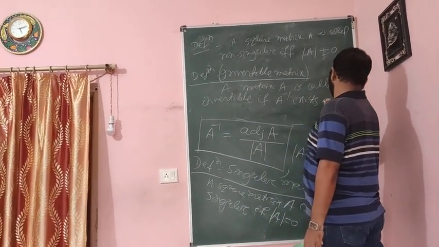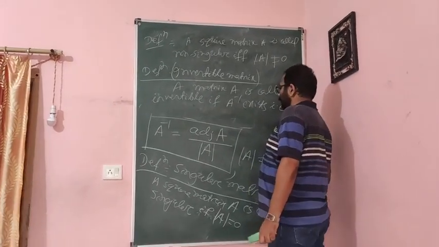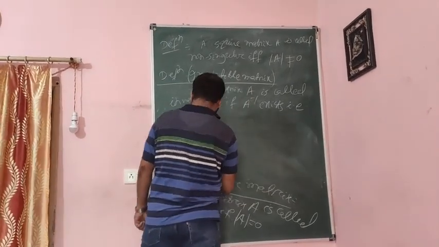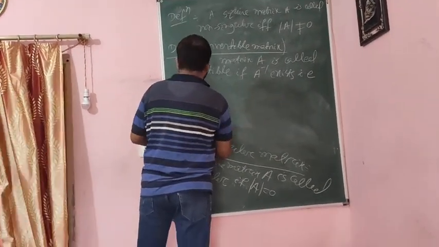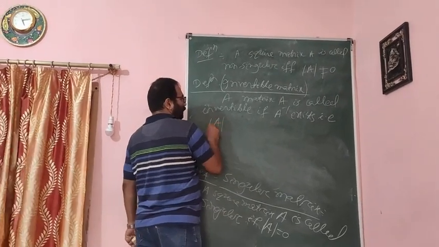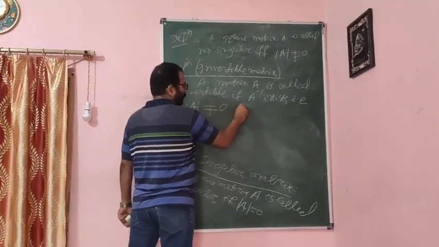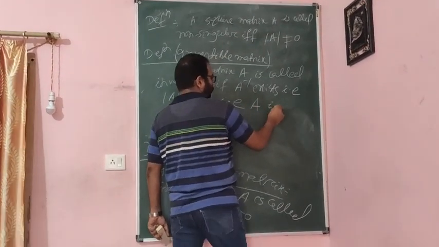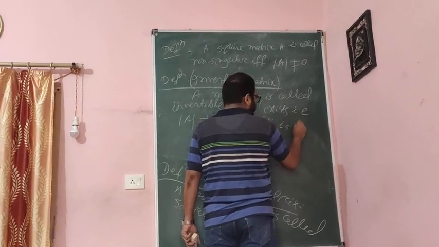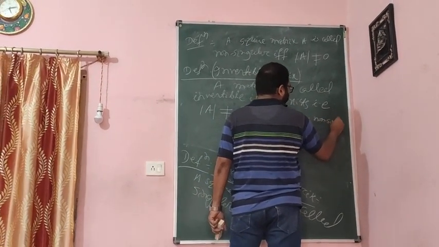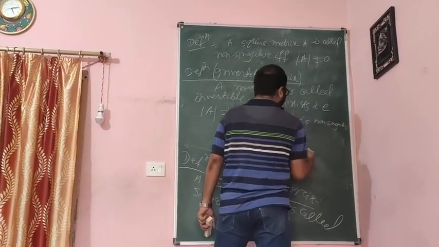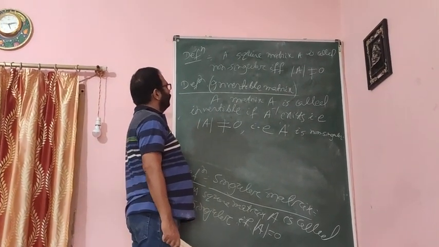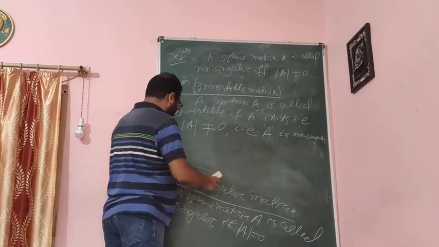That means the determinant of A is not equal to 0, meaning the matrix A is non-singular. Then the inverse exists, and we can say it is an invertible matrix.